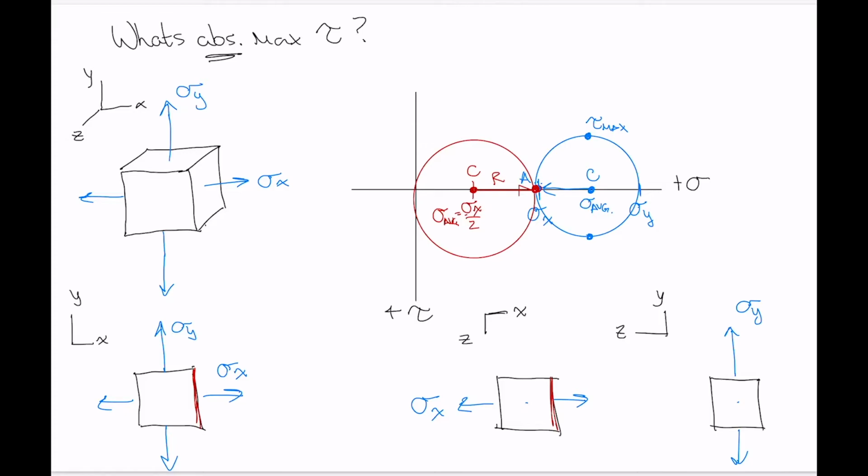Okay, so I'll draw that one in black. So sigma y is out here, and the center of the circle is going to be located at sigma y divided by 2.